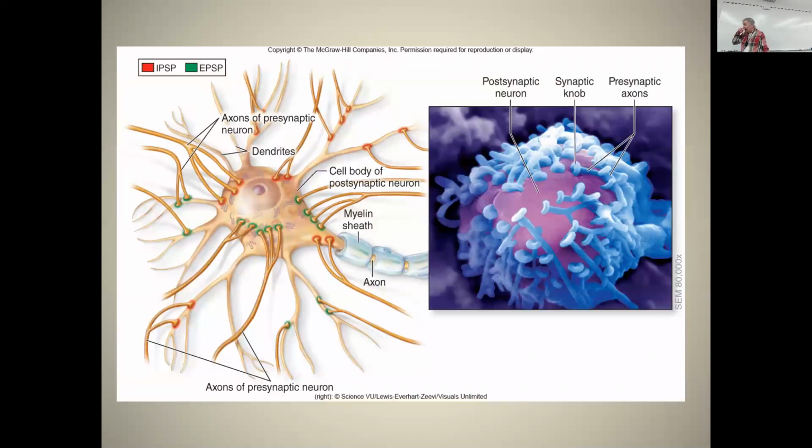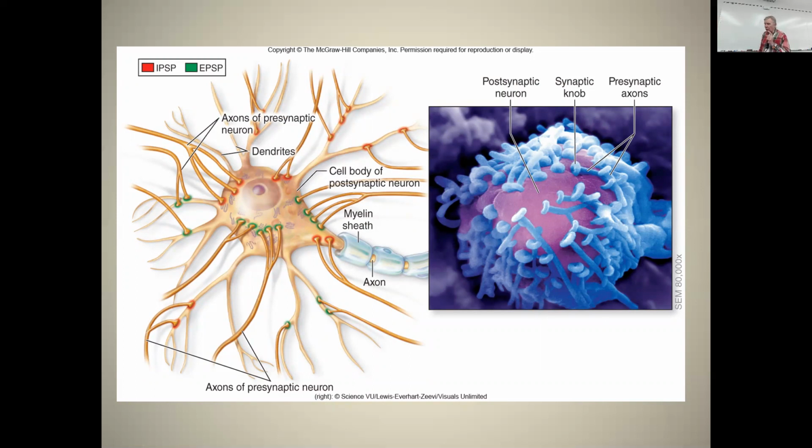Okay, here is a typical cell, here's a cell body with dendrites, and here are all these axon terminals synapsing all over the place, causing EPSPs and IPSPs all over the cell body itself. And here's an actual picture of a cell with all the presynaptic axons and synaptic knobs. And here's the thing. On average, every one of your brain cells is in contact with 5,000 other cells. 5,000.